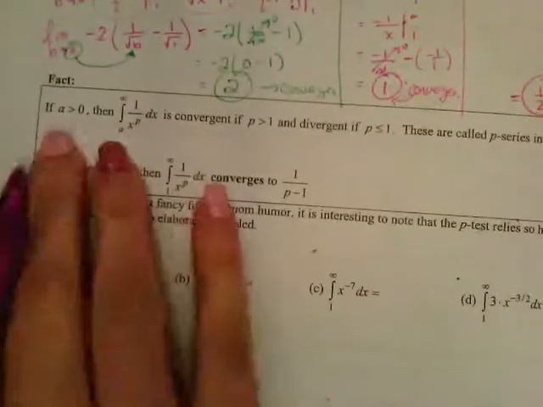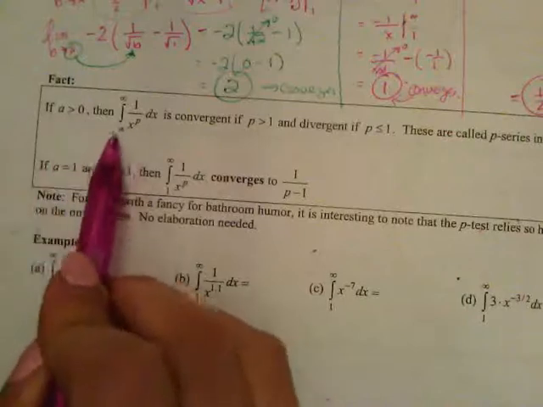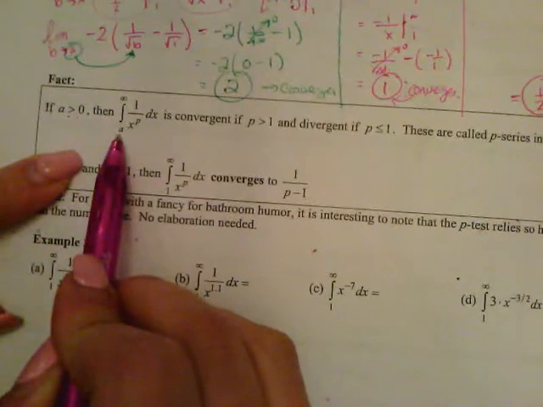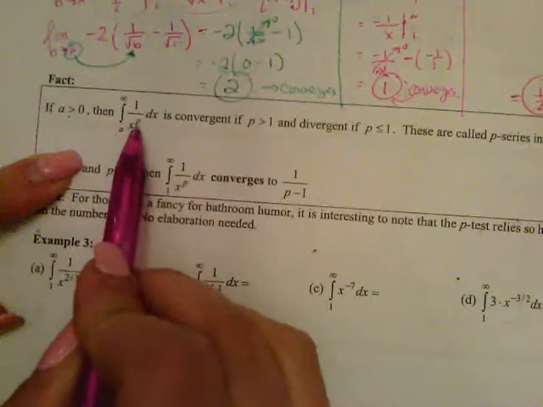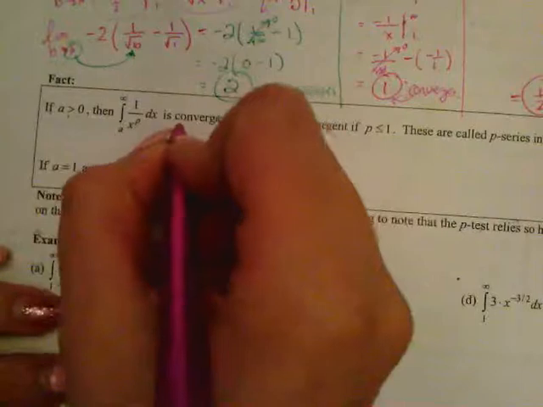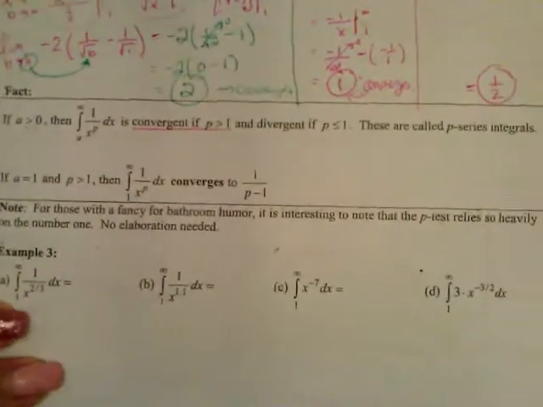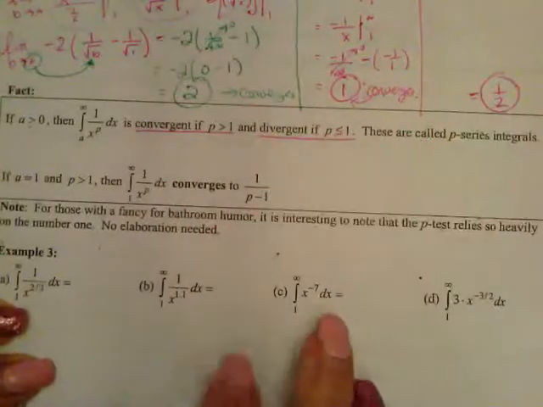Alright, so here's a little fact: if A is greater than 0, so if you are starting from a number that is greater than 0 in the positive quadrant, going to infinity of 1 over x to some exponent p, it is always going to be convergent if p is greater than 1, and it's going to be divergent if p is less than or equal to 1.